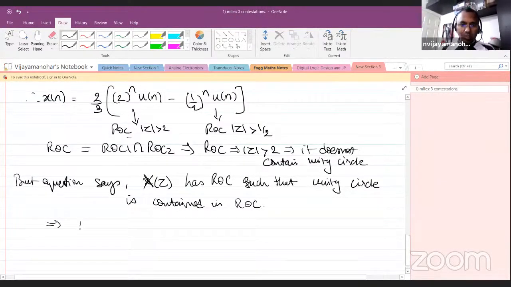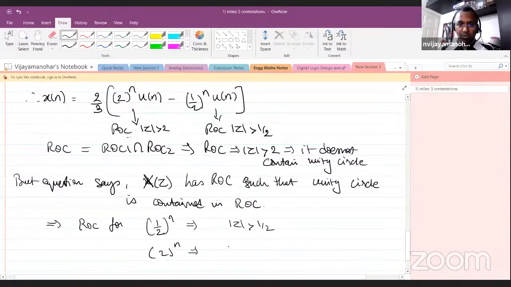It clearly means the ROC for 1 by 2 power n should be such that mod z greater than half. The ROC for 2 power n should be such that mod z is less than 2. Then the intersection of these two will be the ROC. It's not less than or equal to, it should be less than. ROC cannot contain the poles. That's another important point.